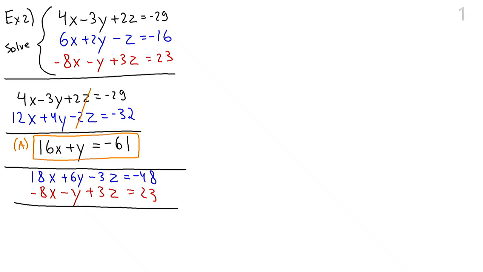And I'm again going to be able to eliminate the z variable, and I'm going to get 10x plus 5y equals -25. And now I have a second equation, I'll call that B, a second equation in the variables of x and y.